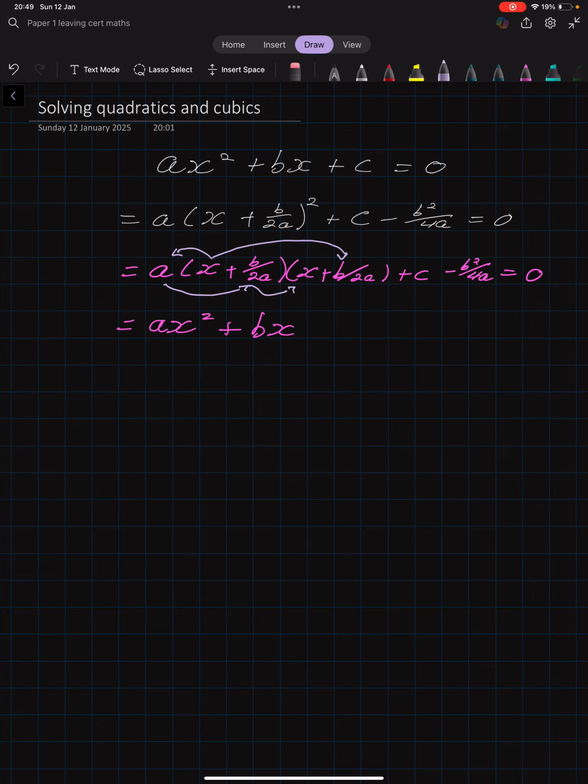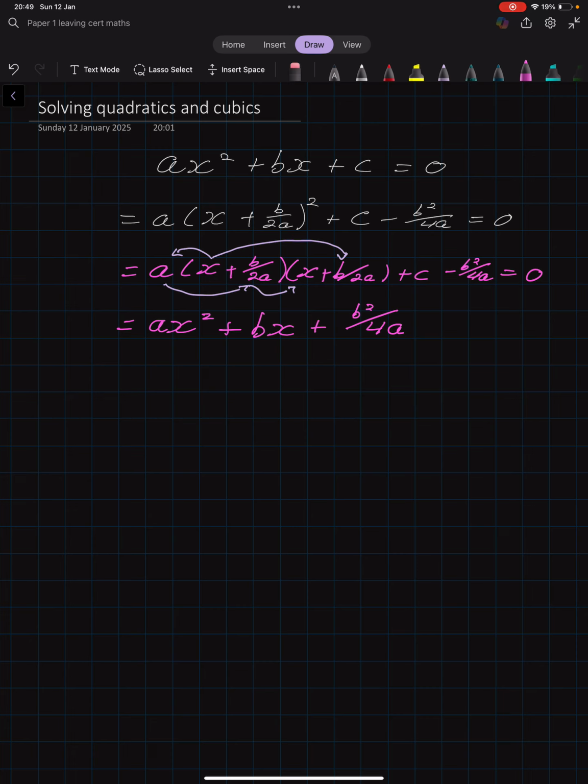That's where that comes from. Then you get your last term, which is going to be plus b squared over 4a. So that's b over 2a multiplied by b over 2a, which is b squared over 4a squared, multiplied by a is b squared over 4a, plus c minus b squared over 4a equals 0.